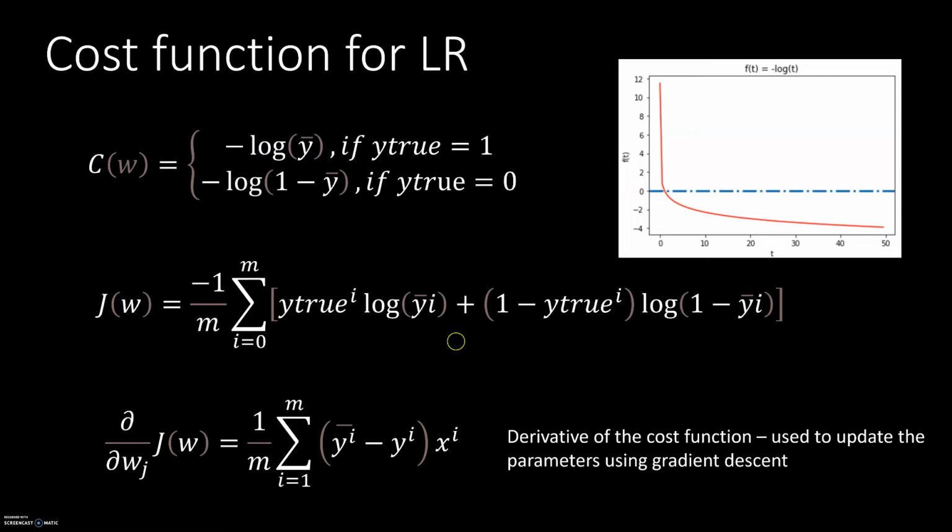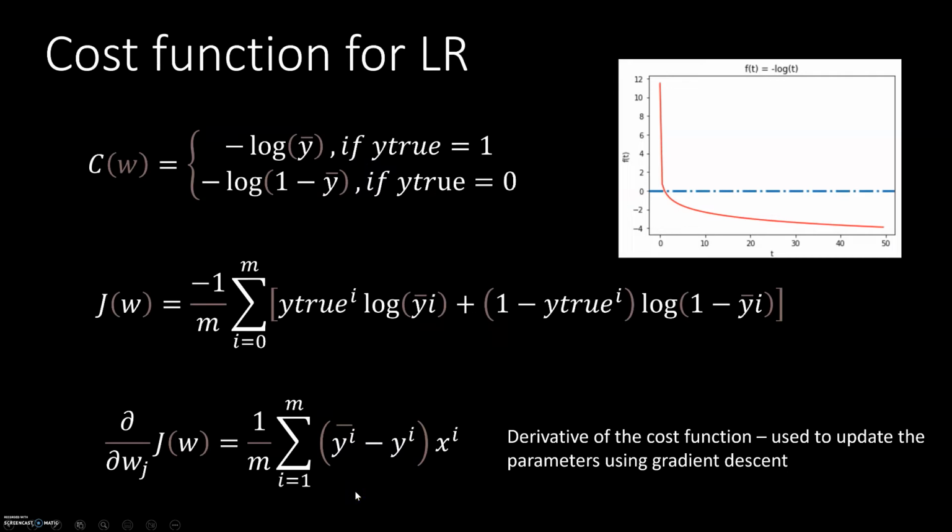In this case, the derivative of the cost function that we have defined here is given by this equation. If you are interested in deriving this derivative of the cost function, I will post a link below to the derivation, but for now, let's just say we know that the derivative of the cost function we are using for logistic regression is given by this equation.